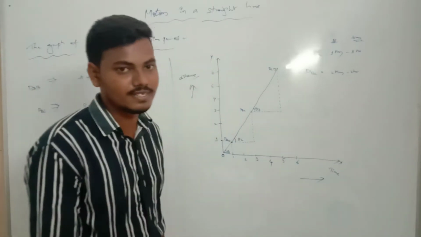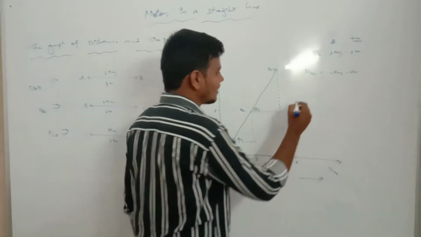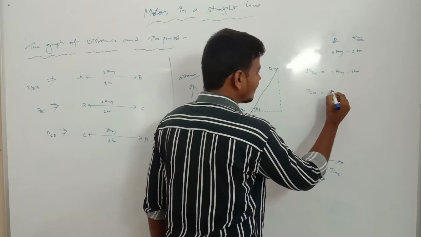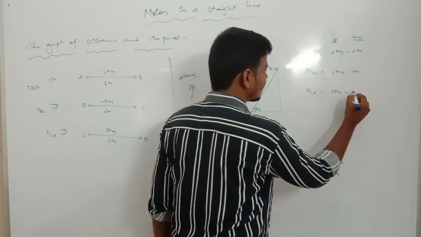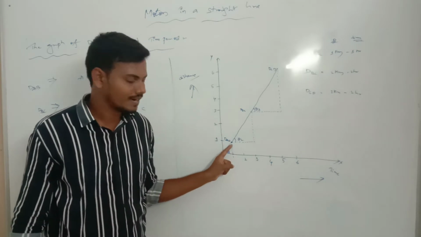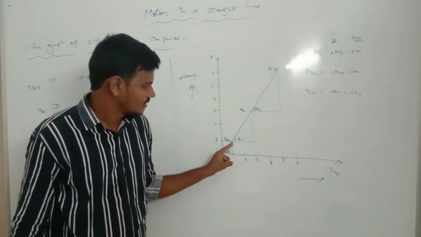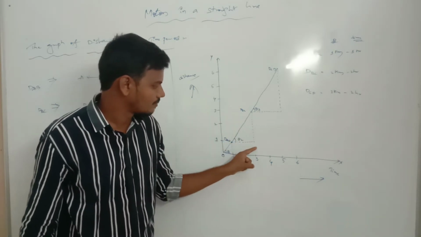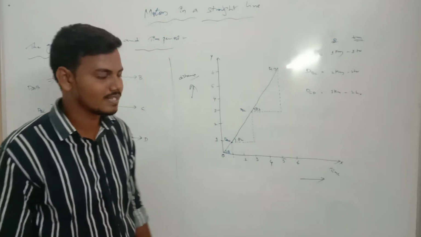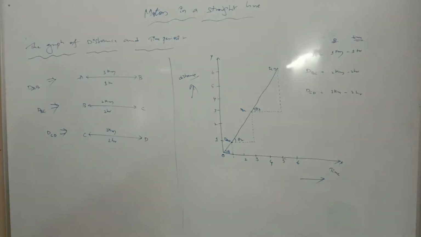The distance of C to D is equal to 3 kilometers of distance and 2 hours of time period. So 0 to 1 kilometer and 1 hour, 2 kilometers and 2 hours, 3 kilometers and 2 hours. Now this is the graphical method. With the graphical method we apply some statements, how we can manage. Now note this.